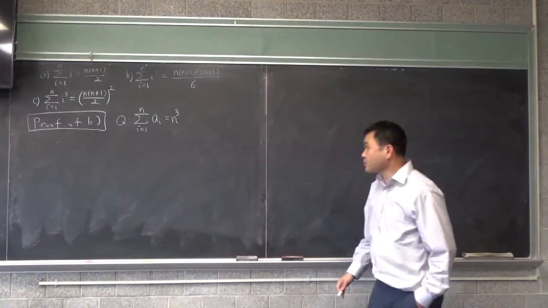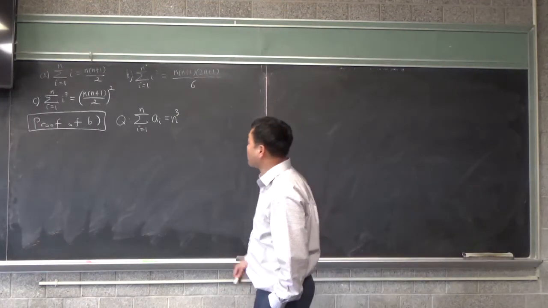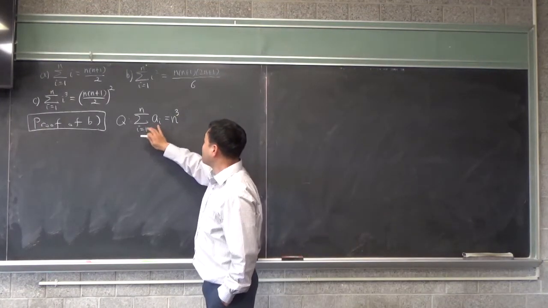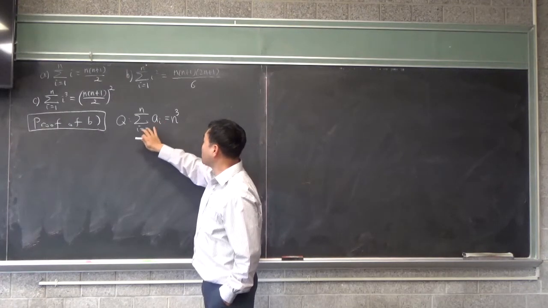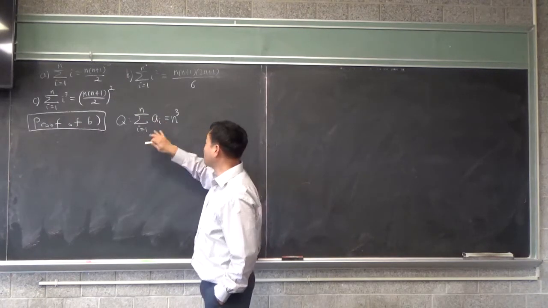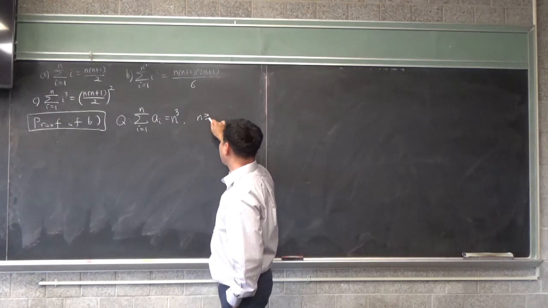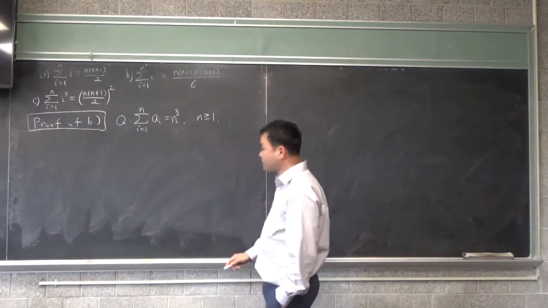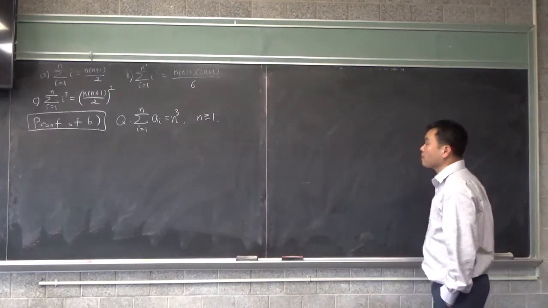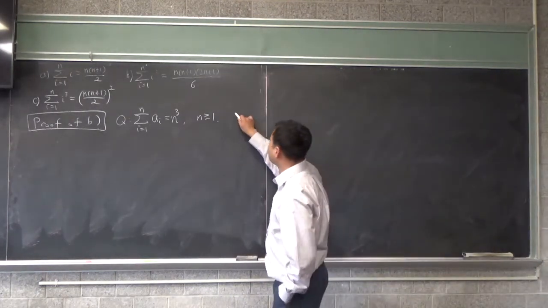Okay, so suppose you have a sequence of numbers whose nth summation is always n cubed for all n of 1 or greater. And the question is, what is a_i then?